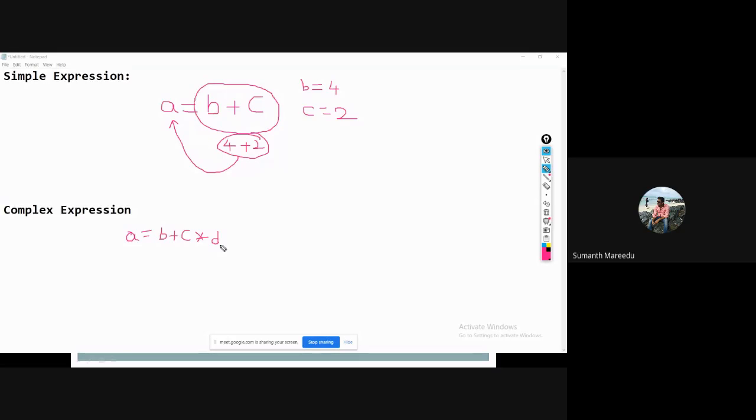But when you go with a complex expression like this, A is equal to B plus C star D, in this case, when you want to solve a complex expression, like say you have 2 plus 3 star 4. So what is the value of this expression?